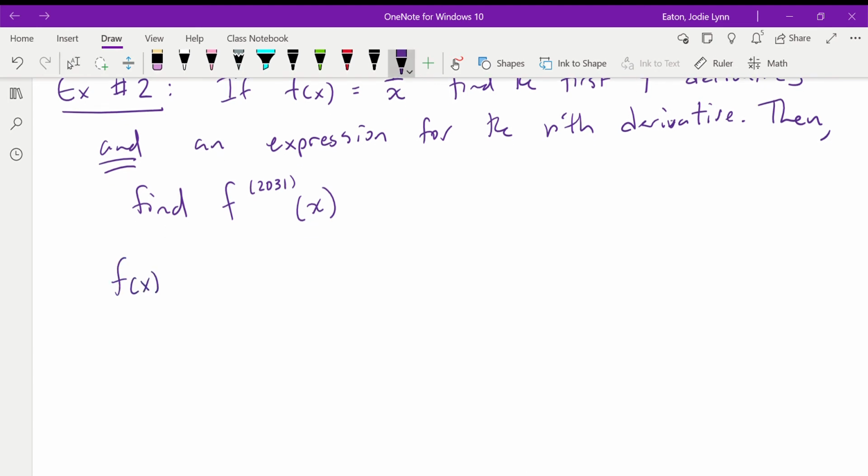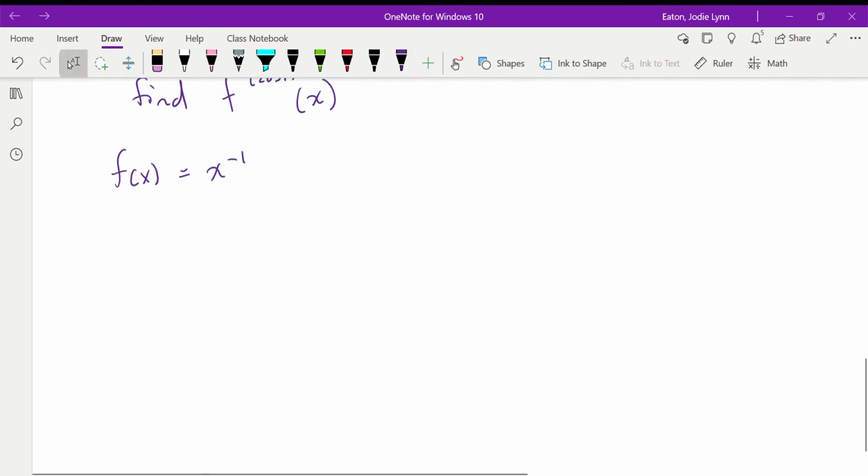Okay, so let's look at the first 4 derivatives. And actually, this is a good step to take because we are going to need to look for a pattern. And pattern recognition is one of those things that is throughout all mathematics. You are always going to need to be able to find patterns. So f of x is x to the minus 1. And we're going to use a power because that allows us to use our power rule.